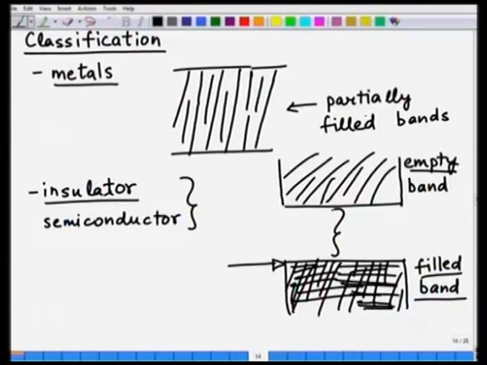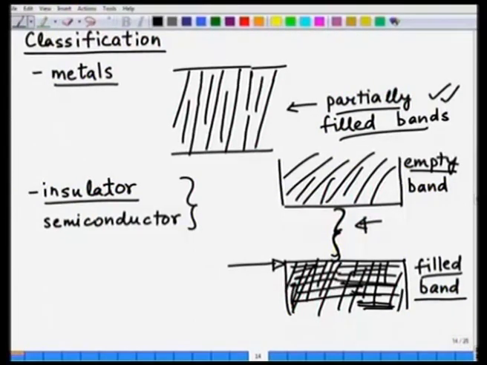Remember, unlike a partially filled band, I have a completely filled band, and though there is an empty band, there is a separation between them through a band gap right here, which we did not have in the case of metals. This band is completely full up to this point, and it is empty here.